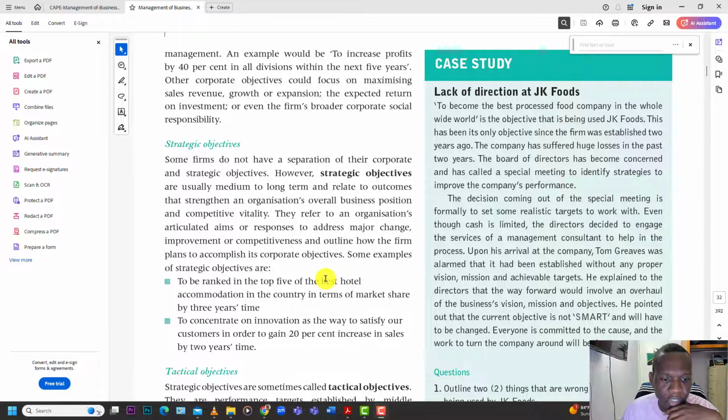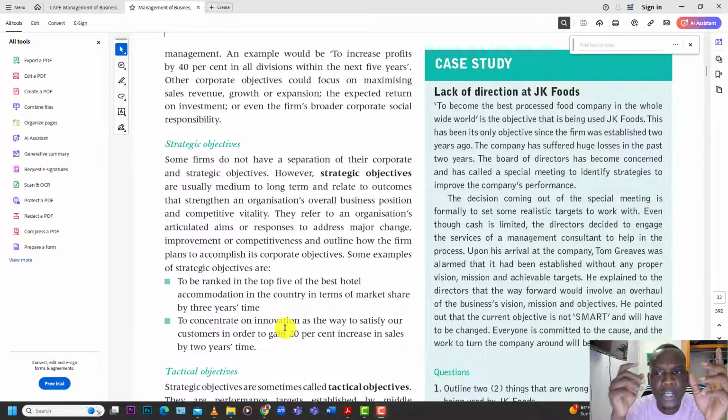Some examples of strategic objectives are to be ranked in the top 5 of the best hotel accommodation in a country in terms of market share by 3 years' time. To concentrate on innovation as the way to satisfy our customers in order to gain 20% increase in sales by 2 years' time. So those are the strategic objectives.